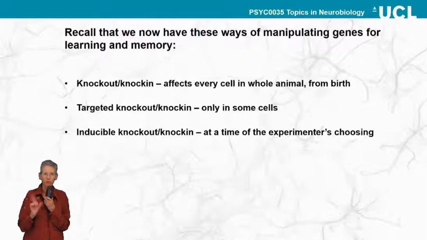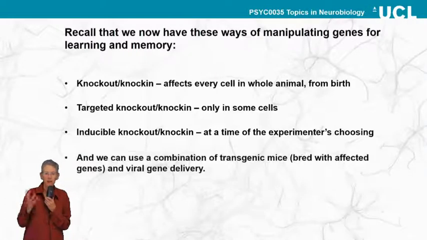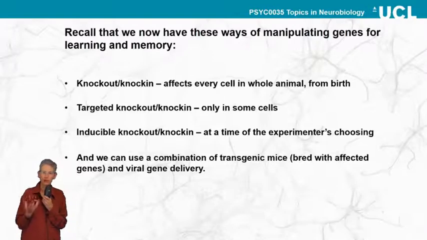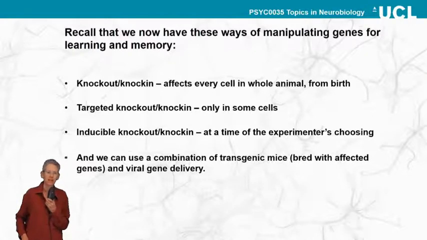So you use a promoter so that the knockout will only happen when you add some chemical to that system. And we can use a combination of transgenic mice, so mice that are born with the altered genes, or viral delivery. So if you recall, we looked at how viruses can also be used to get genes into cells. So these are all the methods that we've got.